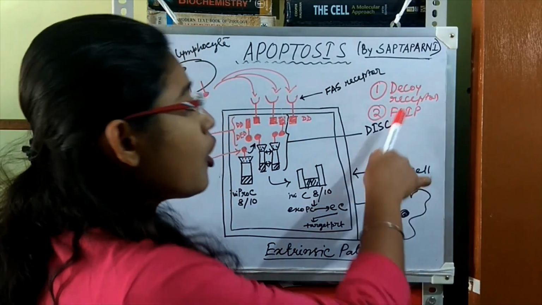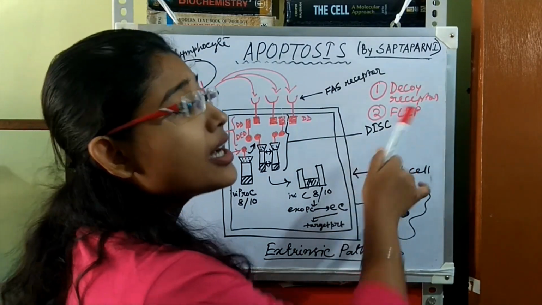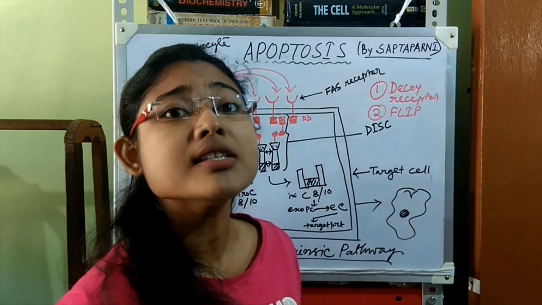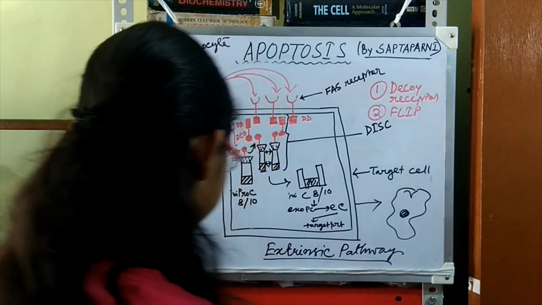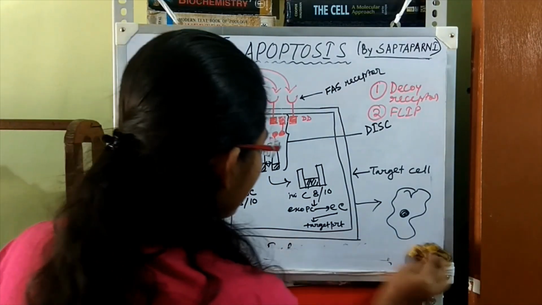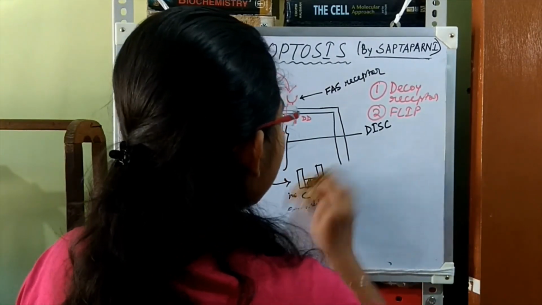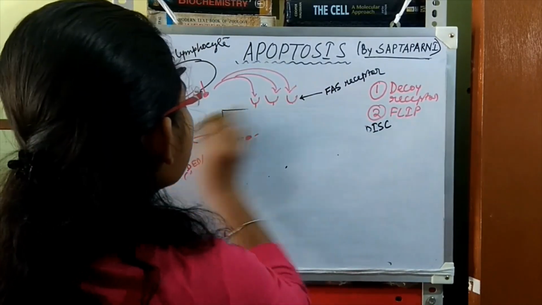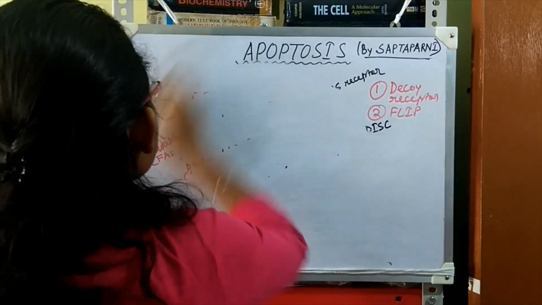So it also helps to prevent inappropriate apoptosis in our cells, okay. So this is all about the extrinsic pathway of apoptosis in our body.